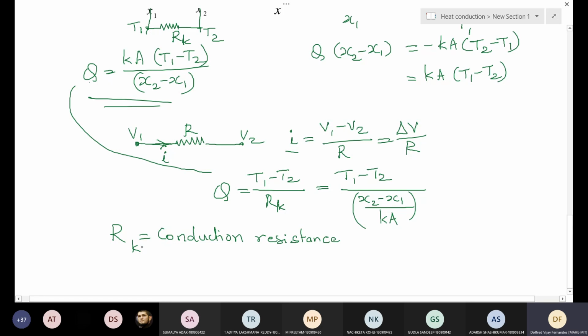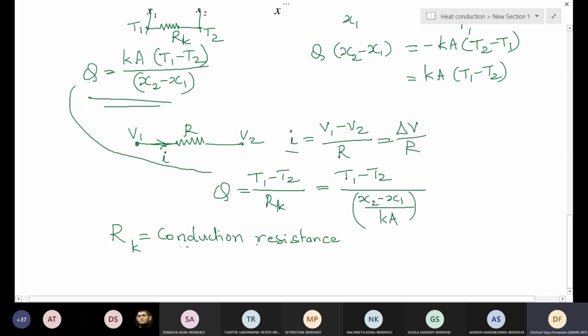RK, because we use thermal conductivity to calculate the RK resistance, and when you come across the convection resistance, we have the heat transfer coefficient H. In Newton's law of cooling, we have Q equal to HA delta T. So that H will appear in the resistance, whereas here, thermal conductivity appears in the resistance.